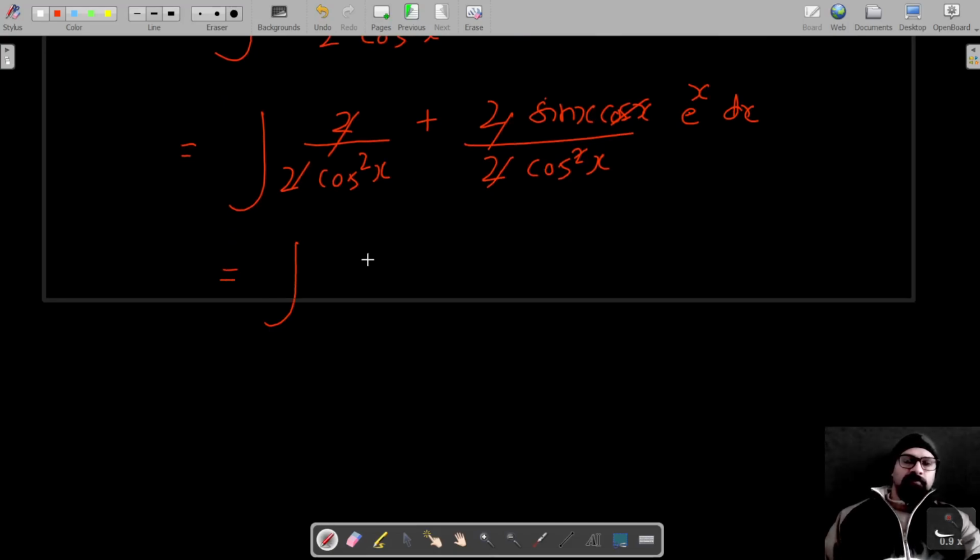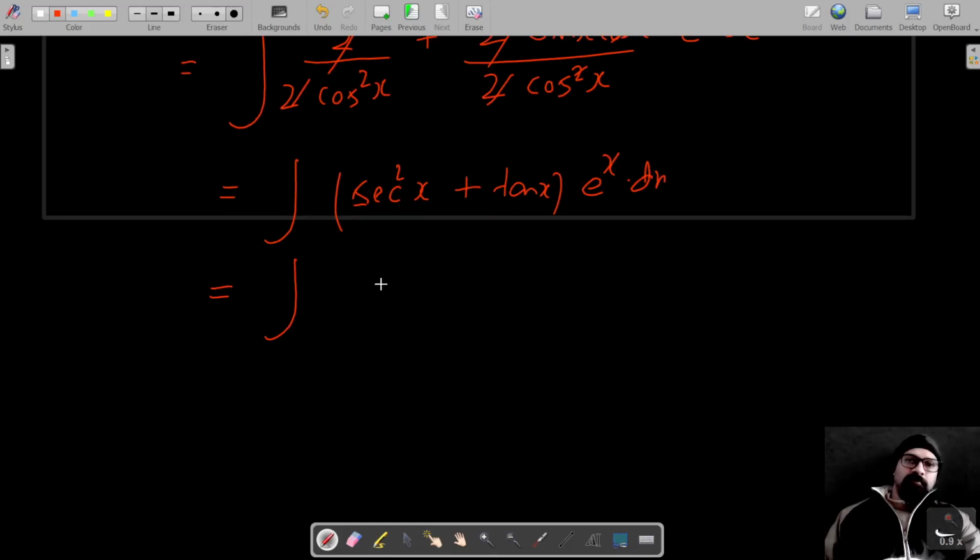So we are left with 1 upon cos square x, which is secant square x, and this is tan x, into e raised power x into dx. Now tan x, I can write it as tan x plus secant square x into e raised power x into dx.